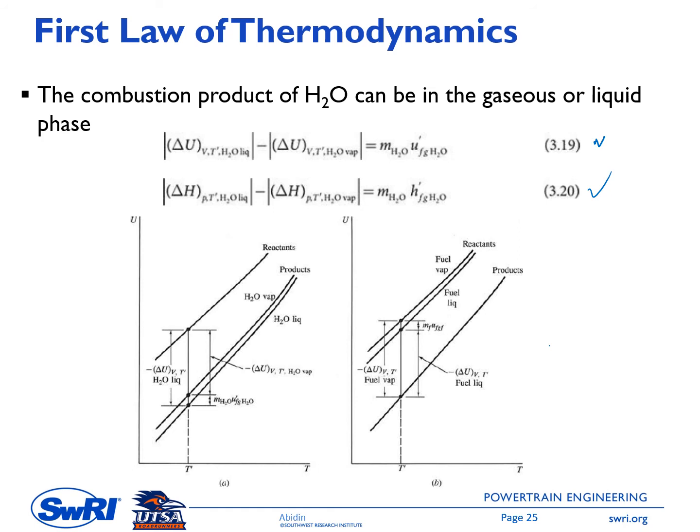And the figure on the bottom side here shows a schematic of this delta U and delta H difference when H2O is in the gaseous or liquid phase. On the left side we have U here, and this is the line for the reactant U, and this one is for the product.